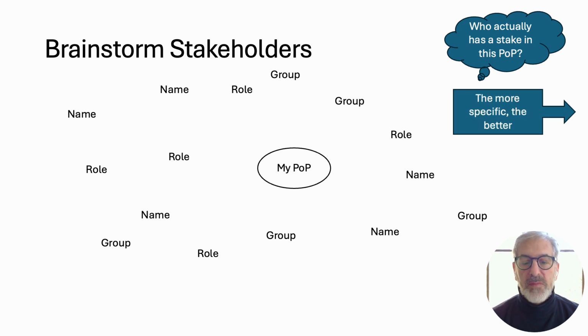The most effective maps are the most specific maps. So if you can get names, tremendous. If you can only really identify a group, or people who have a particular role, an institutional role, let's say the director of X, Y, or Z, then place them there as best you can.